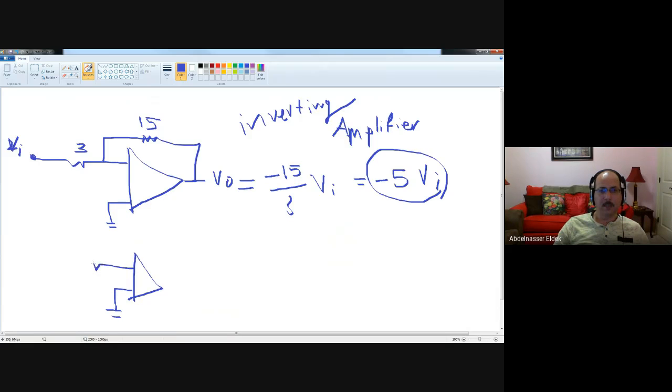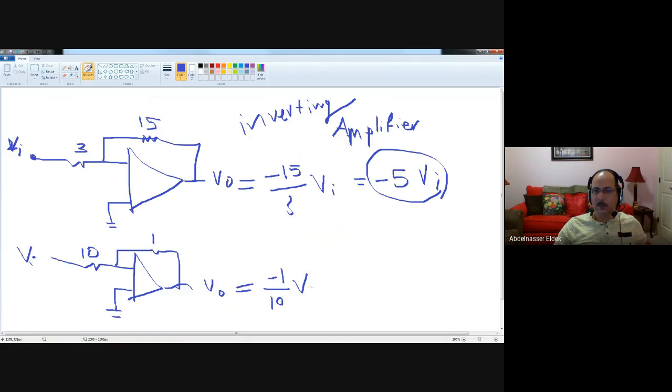If we do something else, assume that you have a circuit like this. Same circuit. And this one is, for example, 1, this one is 10. This is VO and this is VI. So what is VO? This one will be -1 divided by 10 times VI. So actually you divide VI by 10. So it is -VI divided by 10.